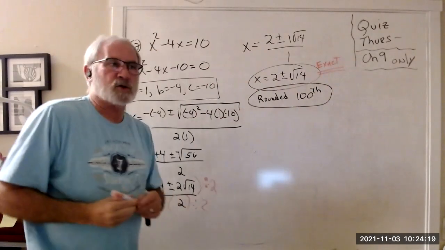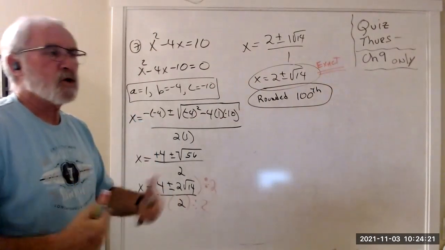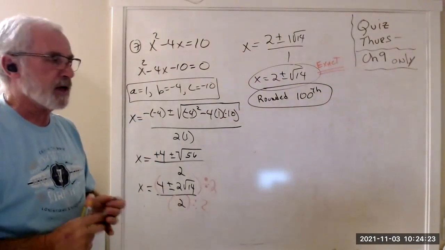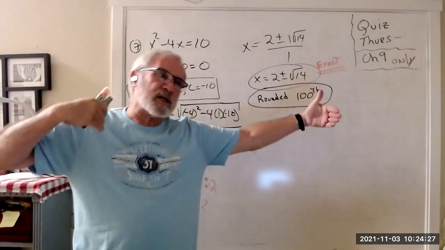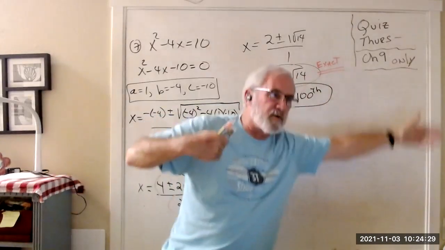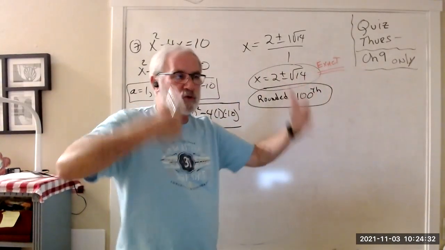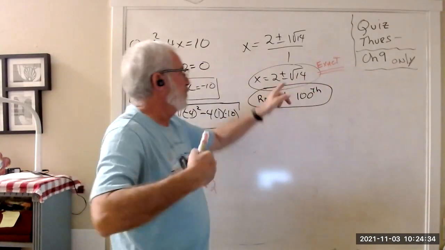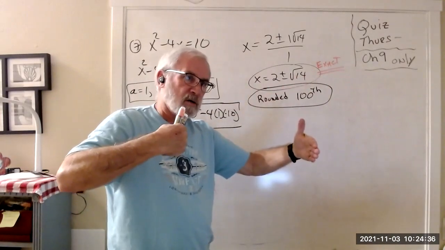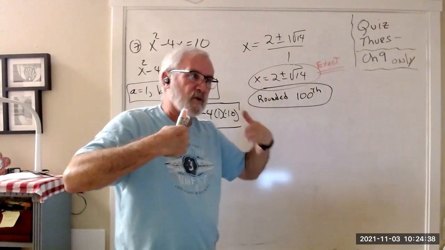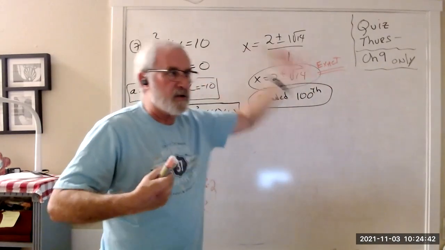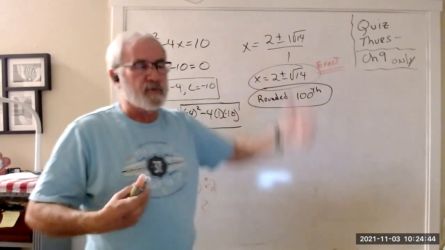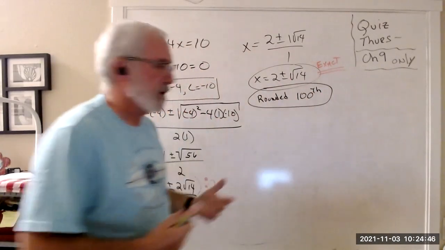We don't know what the square root of 14 is. The minute you put it into your calculator, the calculator rounds it off. The decimals go forever, so your calculator has truncated them. If you leave it this way, it's called the exact answer. If you start using your calculator, that's called the approximate or the rounded answer.